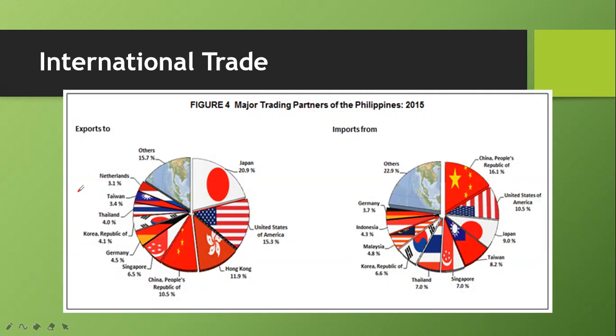So we have different exports to Japan, to United States, to Hong Kong, to China or People's Republic of China, to Singapore, to Germany, to Korea, to Thailand, to Taiwan, Netherlands, and other countries. We send different products to these countries. So they are our trading partners.